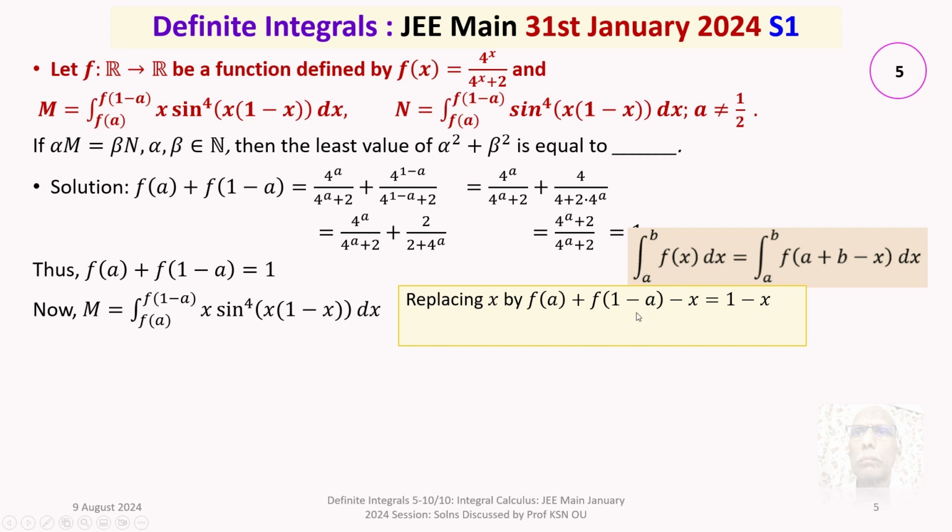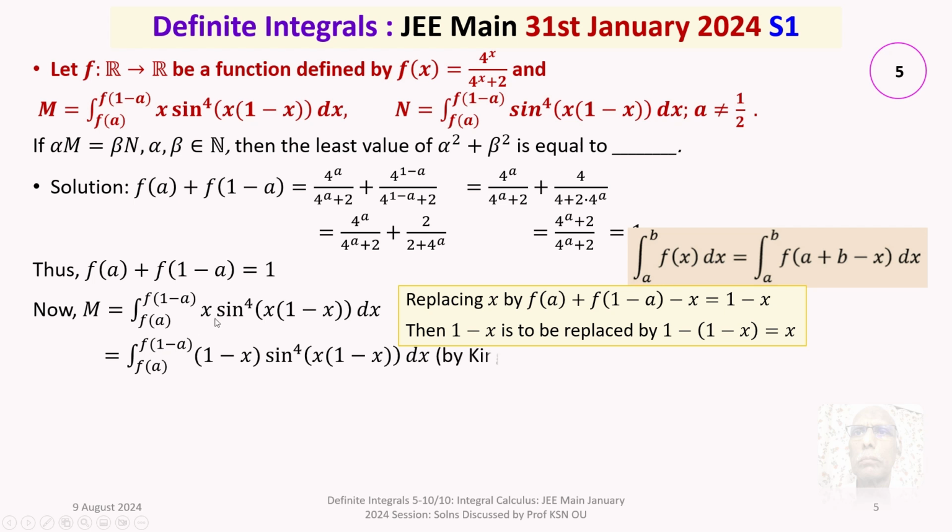Replace x by 1 minus x, then 1 minus x is to be replaced by x. Wherever there is x, you write 1 minus x, and wherever there is 1 minus x, you write x. Then you will get the same function.